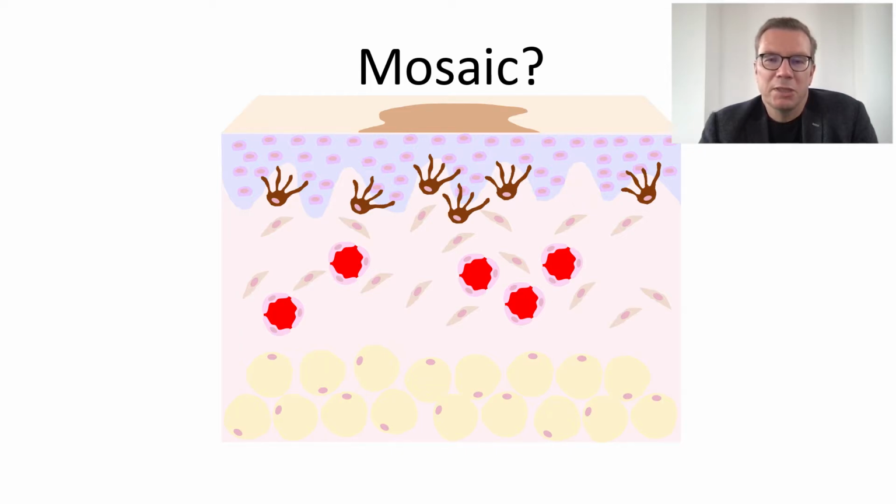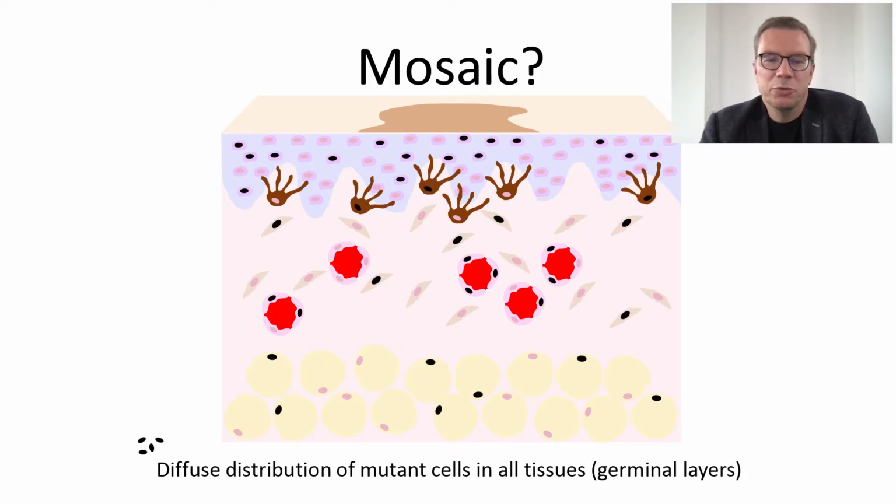And it could be that the distribution of the mutant cells is disseminated throughout all germinal layers, and every biopsy that you would take from this tissue would give you a small percentage or varying percentage of the mutation.